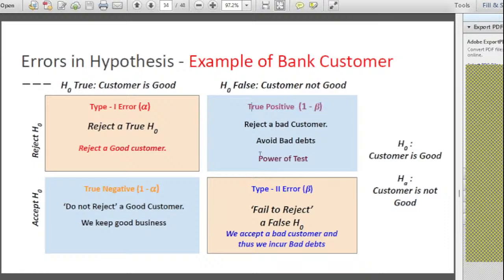And true negative, identifying the true negatives: the bank does not reject a good customer, meaning they identify the good customer as good and hence give the loan. So no error was made. Okay. Errors are clear to all of you.